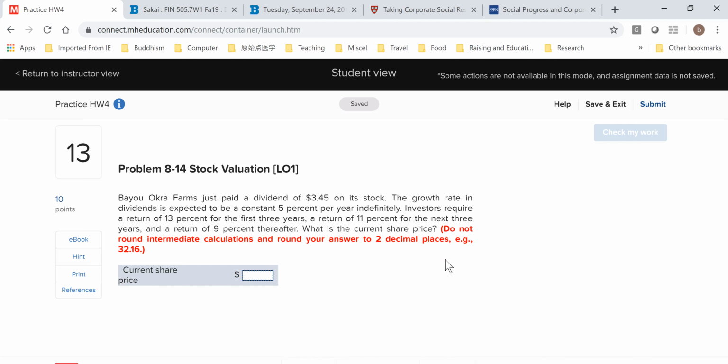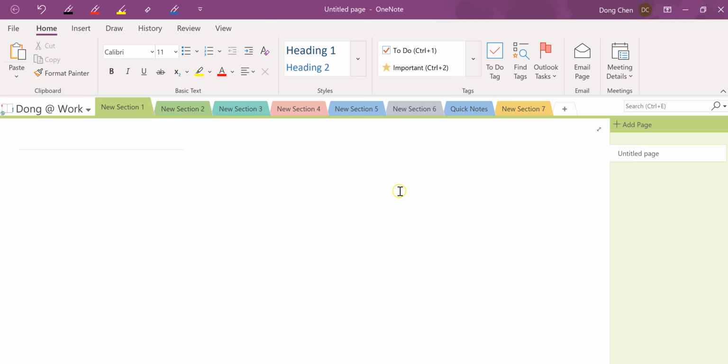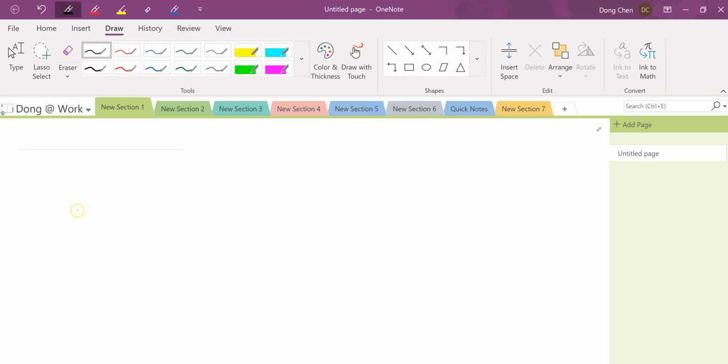And the key to solve this problem is to discount the cash flows corresponding to the required return that applies to that particular period's cash flow. So to help us to understand what's going on, I think it helps to draw a timeline.